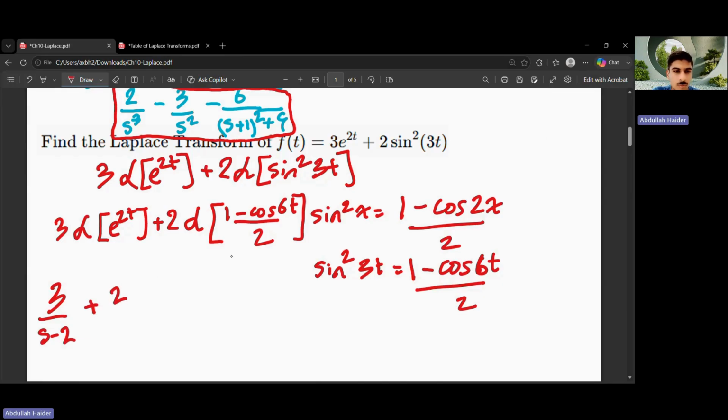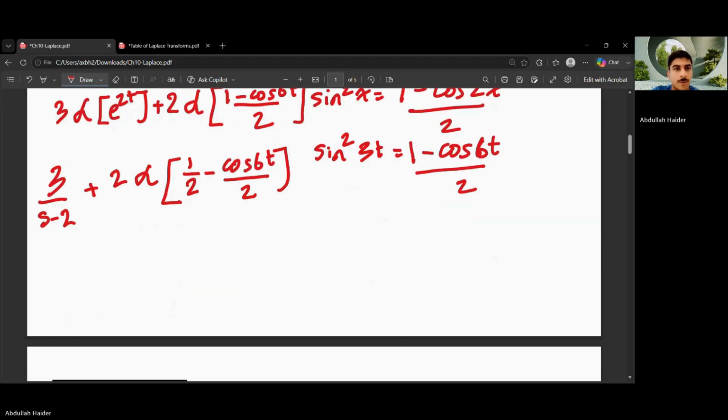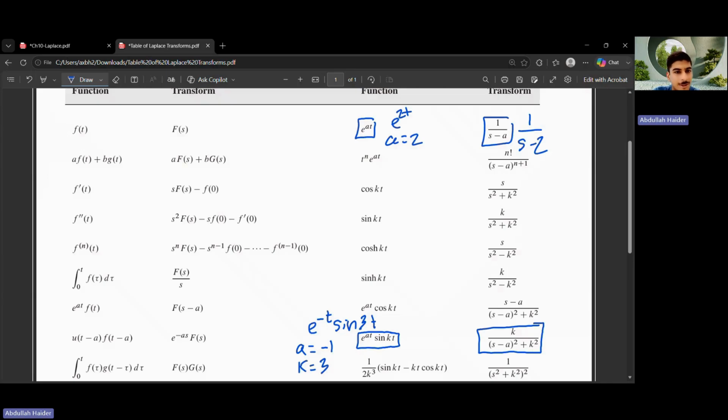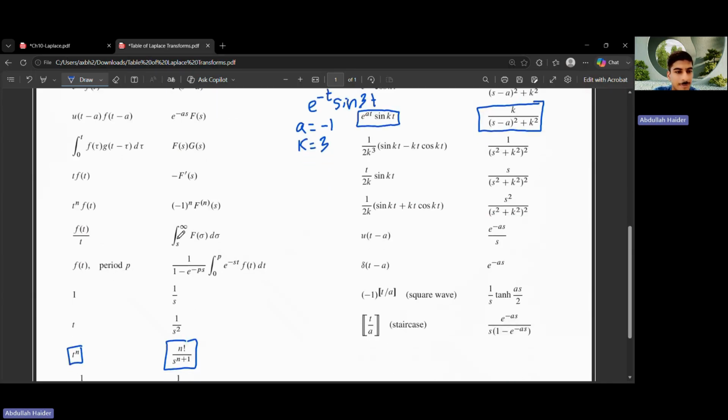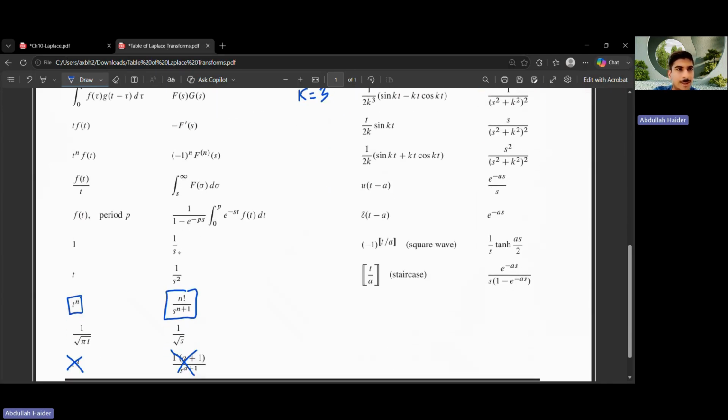plus 2. Now we can split this Laplace, basically. The Laplace of 1 over 2 minus cosine 6t over 2. So Laplace of any constant is going to be divided by s.